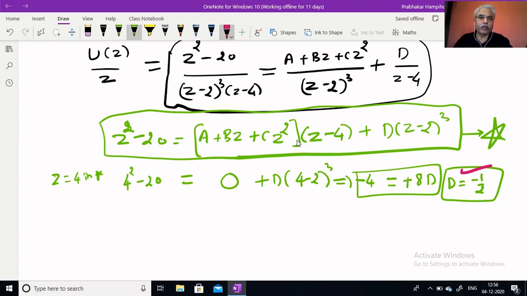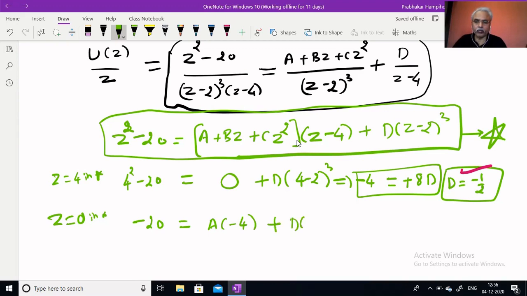Now similarly, if I put z equal to 0 in the same equation star, the left-hand side becomes −20, and the right-hand side is a into −4 plus d into (−2)³. Cancelling the minus sign everywhere, 20 equals 4a plus 8d.